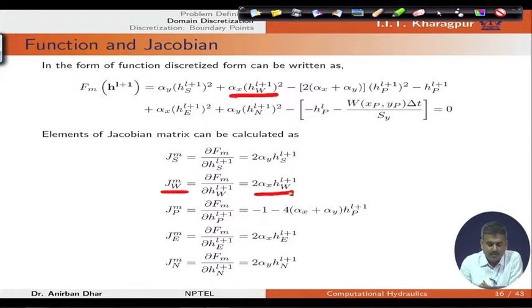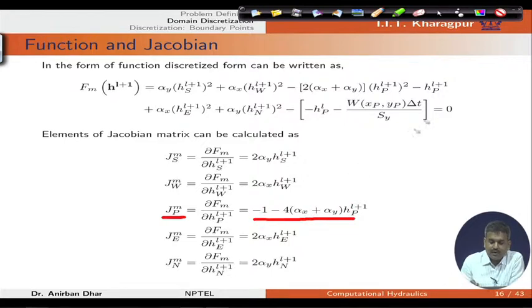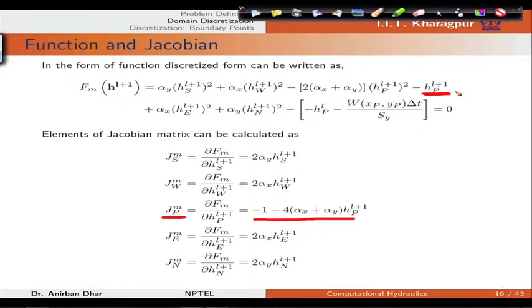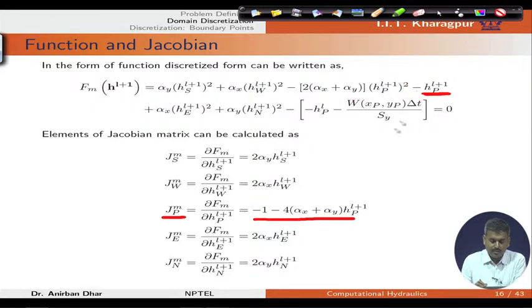This is 2 alpha y Hw L plus 1. Then comes this Hp, which is again minus 1. Minus 1 because in this case there is no coefficient available. If we simply take derivative here, we will get minus 1, minus 4 because 2 is already there, the square term, this is 2.